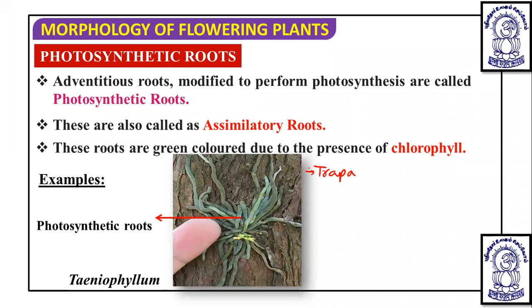Trapa, which is also known as water chestnut, has roots submerged in the water, so submerged assimilatory roots are found in Trapa.